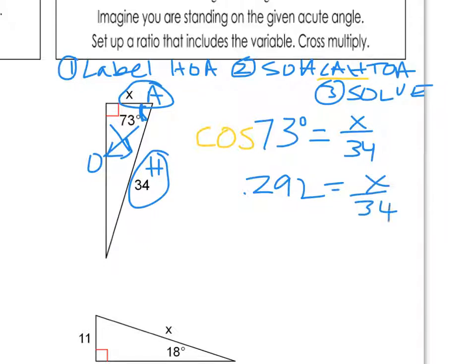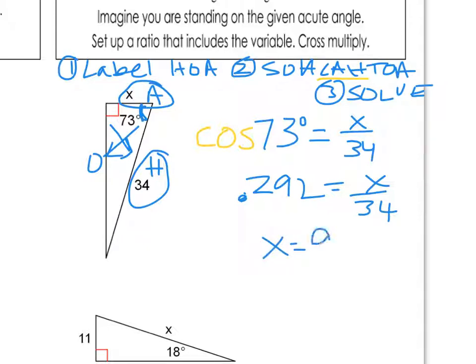And then how do I get x by itself? We're going to multiply. So 34 times 0.292 gives me, rounded to 1 decimal place, 9.9.